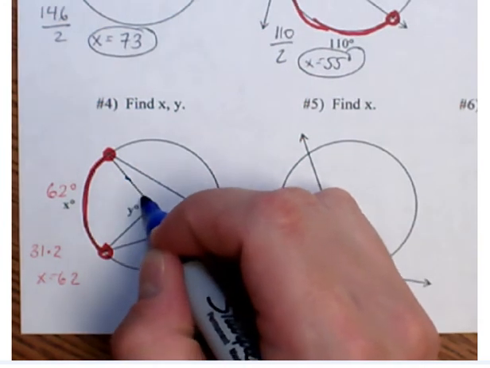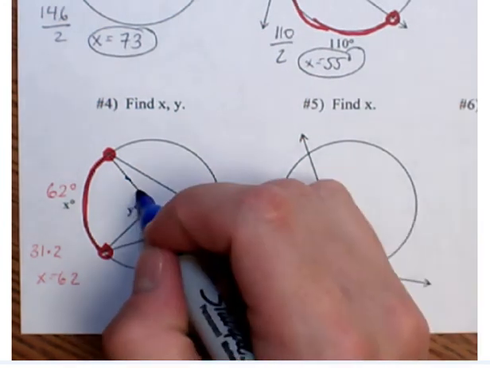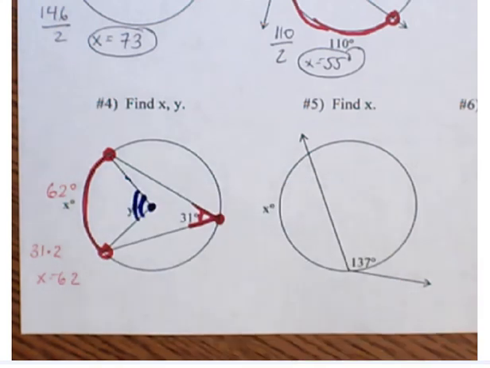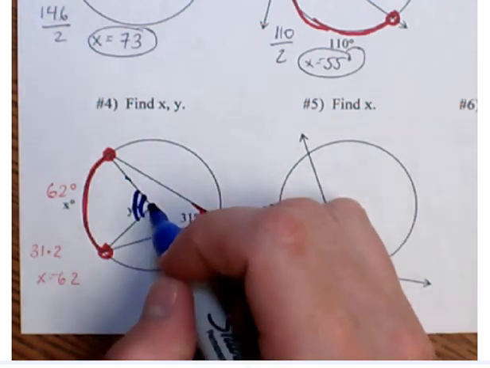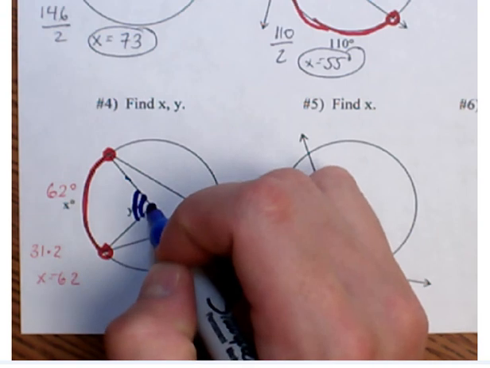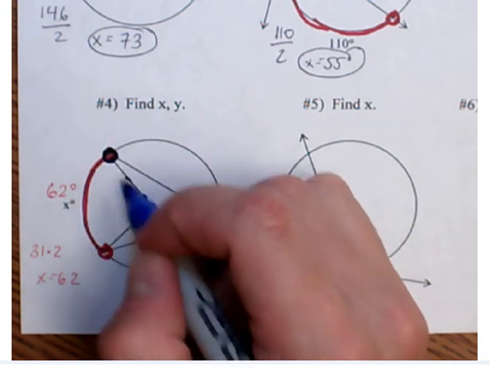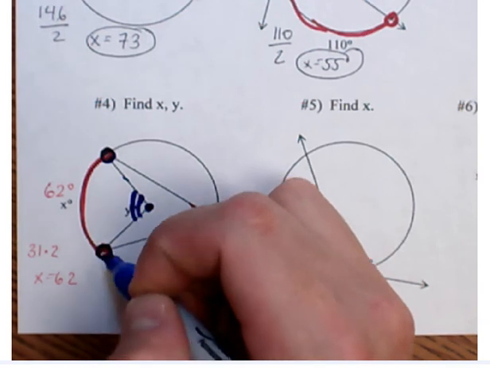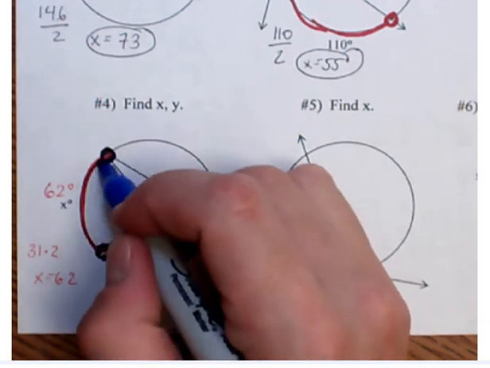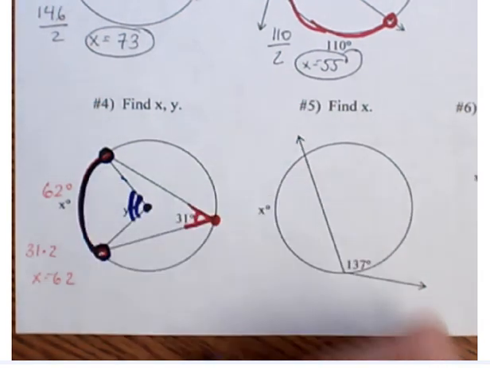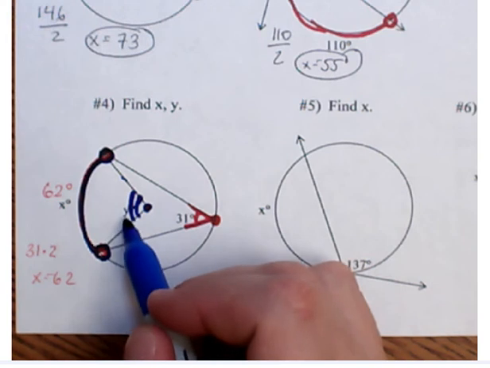There's the angle. Okay, I can do a double arc there. That's at the center of the circle. Now if I trace out, where does the angle hit the circle? Here, here. Same two places. So again, it's a 62-degree arc, but now this is for a central angle measure.